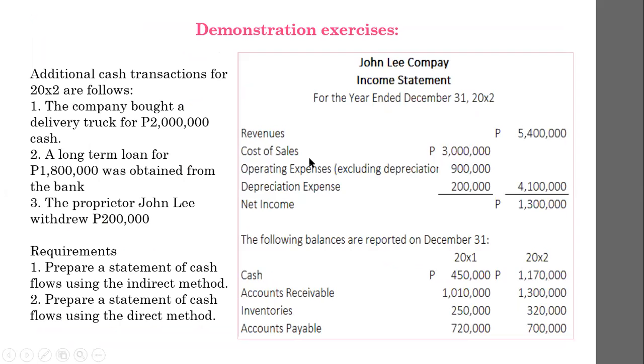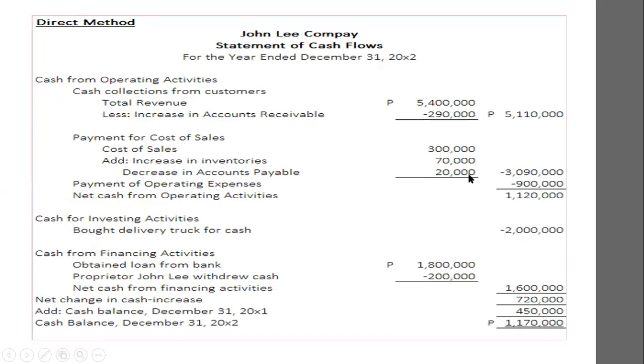Ito po yan. Okay, huwag po kayo ma-confuse ha. 900,000, ililess din daw po natin. So, add nyo muna itong negative, saka po nyo ililess dito sa 5,110,000.